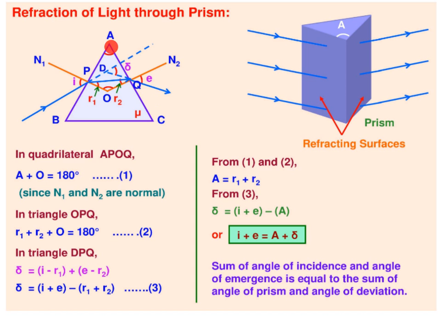Angle A is the refracting angle of the prism, also called the angle of prism. Then BC is the base.